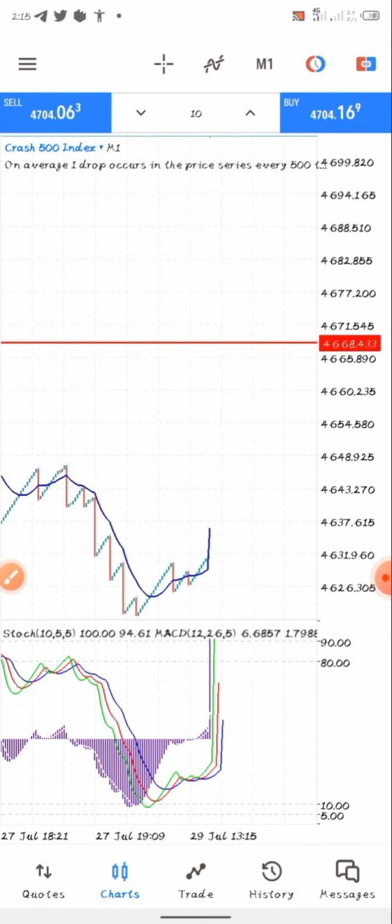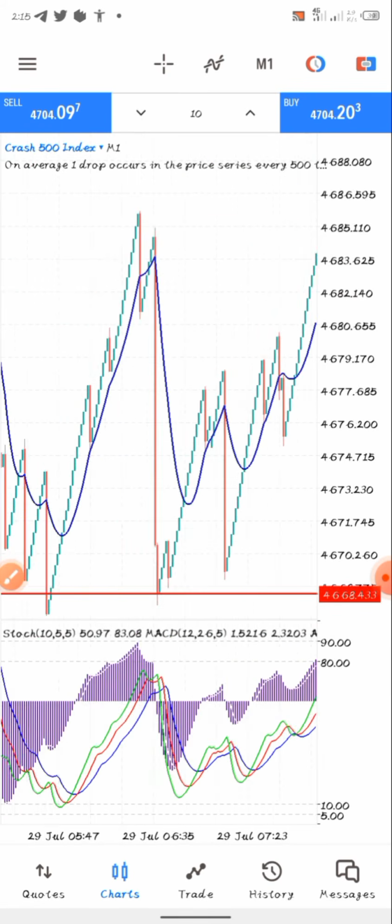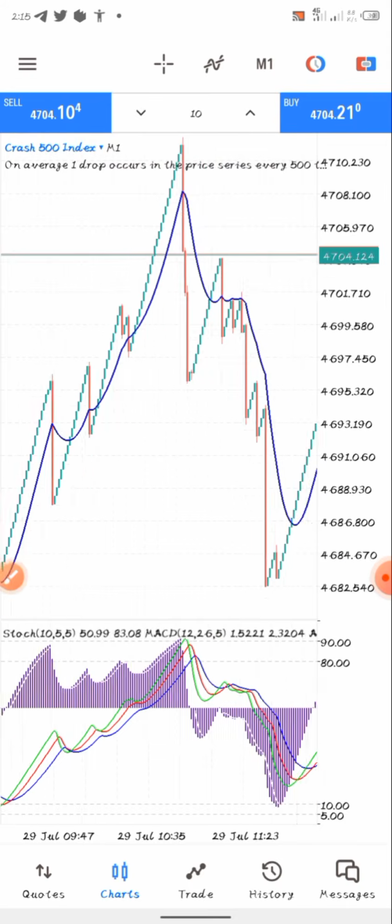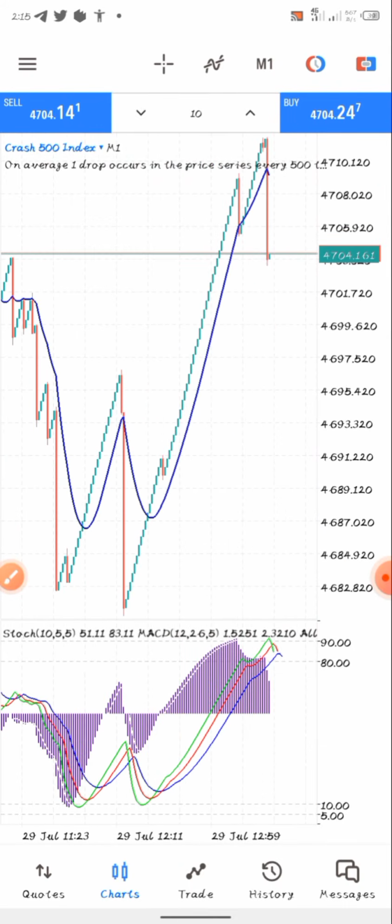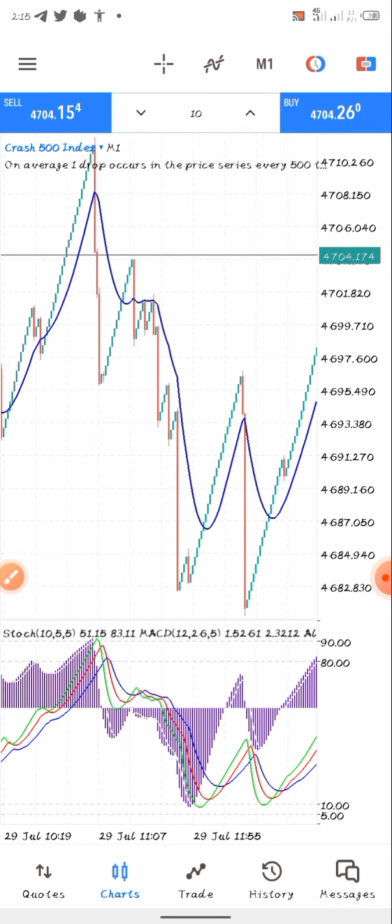So now this is the Crash indices. Now let me show you guys how you can use it to scalp. Take 5 to 10 candles, or 5, 10 or 20 candles, then you are out. This is how you guys are going to do it.